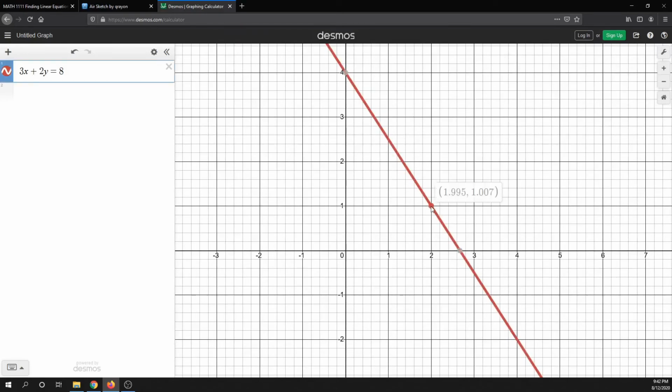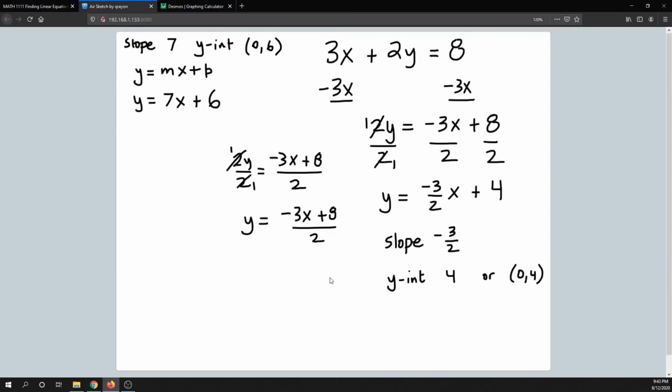If I look at this point and go down 1, 2, 3, so minus 3, and over 2, right, the change in y would be minus 3. The change in x would be positive 2, right? And so that's the slope of this line. So sure enough, it works out that way.